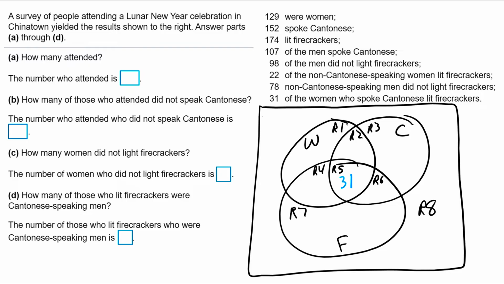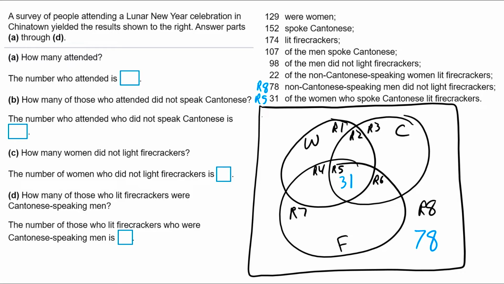Then it says 78 non-Cantonese speaking men did not light firecrackers. So they don't speak Cantonese, so they're not in circle C. They're men, so they're not in circle W, and they didn't light firecrackers, so they are not in circle F. So that means they are in region 8, 78. Notice so far, each of these has referred to just a single region. This was region 5, that was just region 8.